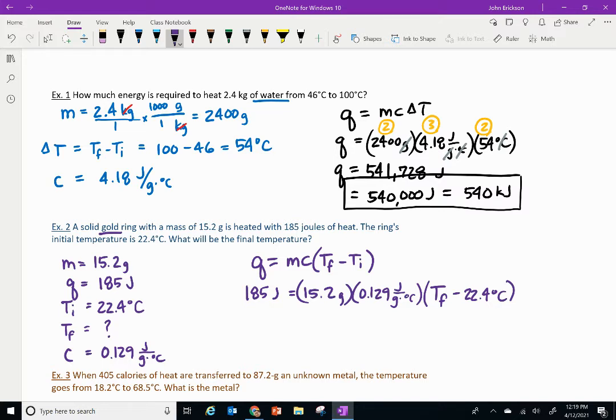All right, so I'm going to do this problem this way. I'm going to say TF minus 22.4 degrees Celsius is equal to 185 joules divided by, so remember your algebra here, we're just going to divide both sides by 15.2 grams and by 0.129 joules per gram degree Celsius.